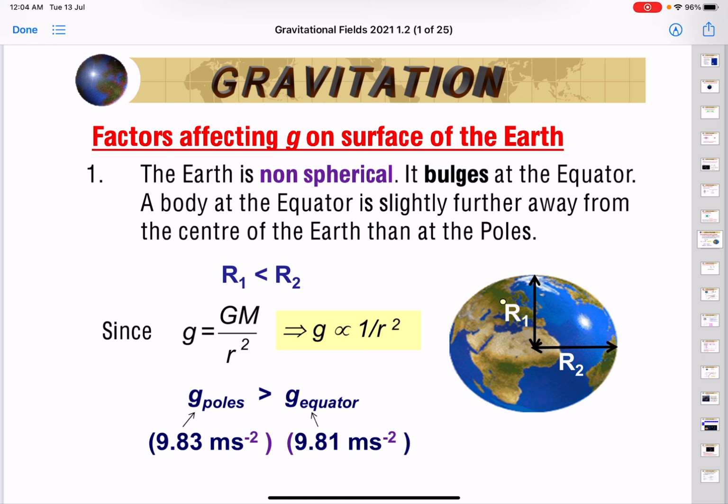So you have the distance from the poles to the center of the Earth, R1, slightly smaller than R2, which is the distance between the surface on the equator to the center. This results in a slight difference in the measured value of g at the poles compared to at the equator. The nearer the point is to the center, the larger the value of g.